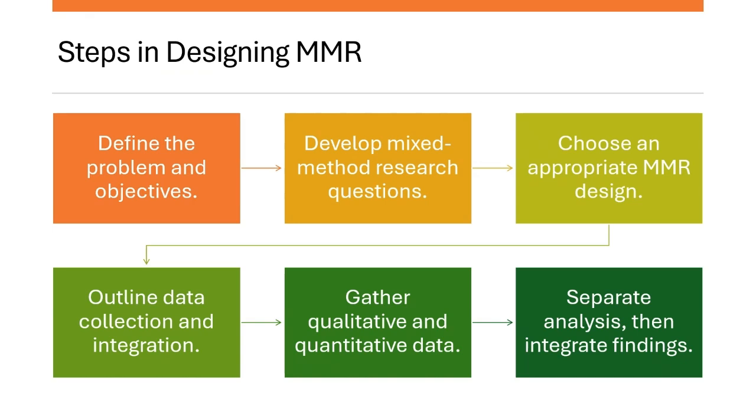Which needs to be before, which needs to be after, and in what sequence, and which design would be best to address the research problem and answer your objectives and questions. So you need to then outline the data collection, for both the qualitative and the quantitative component, and then the integration phase.